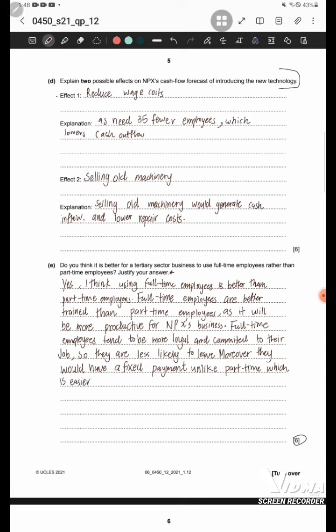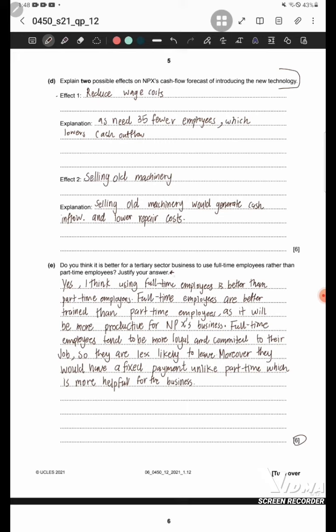So for the justification, now we have 3 points.